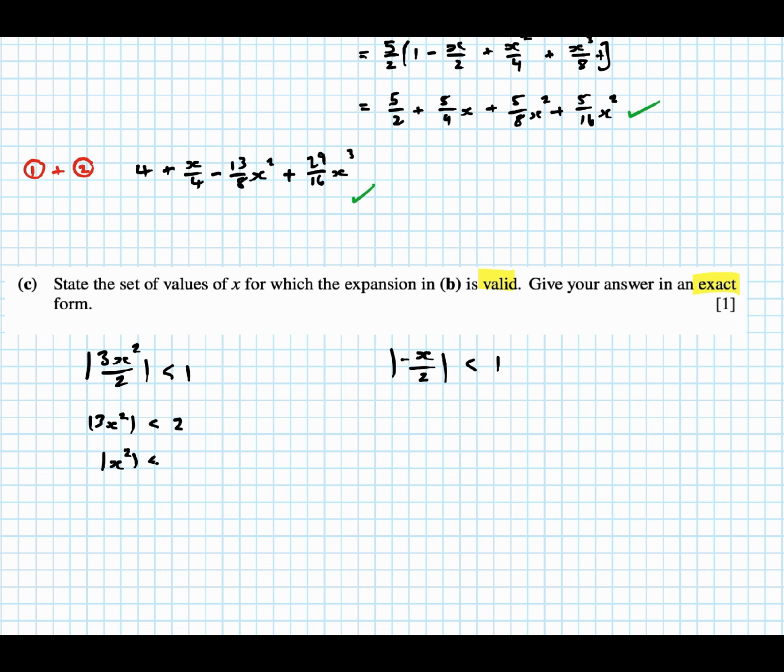And again, you'll end up with x is less than root 2 over 3. And the second one, it's not valid. So it takes away the negative sign anyway. So x is less than 2. Our value is root 2 over 3. There we go.